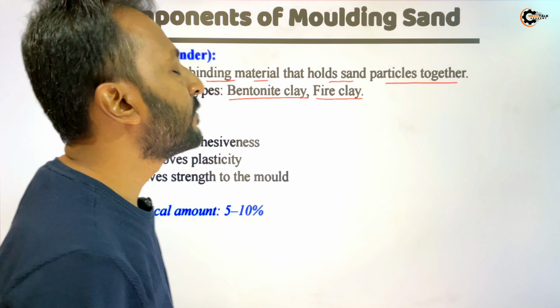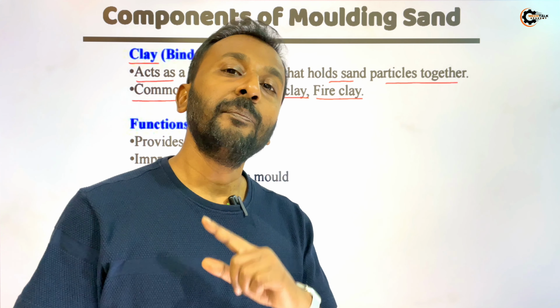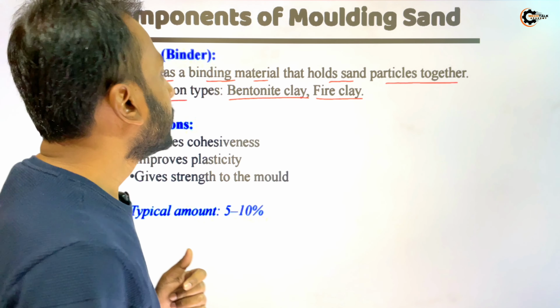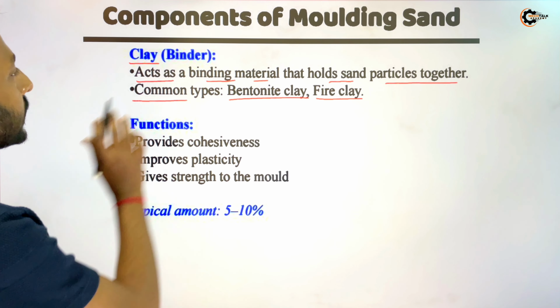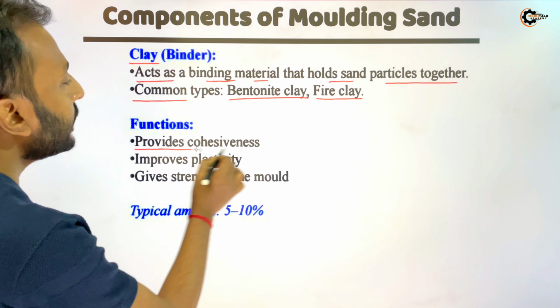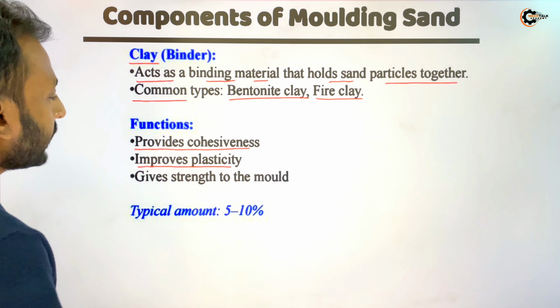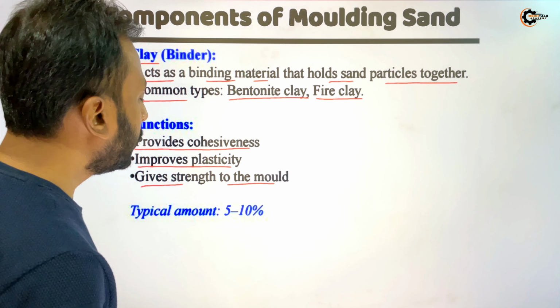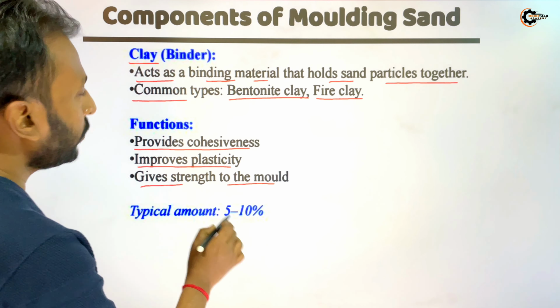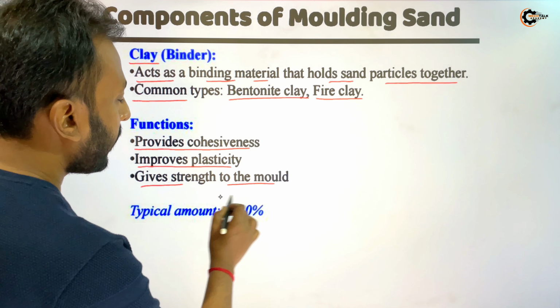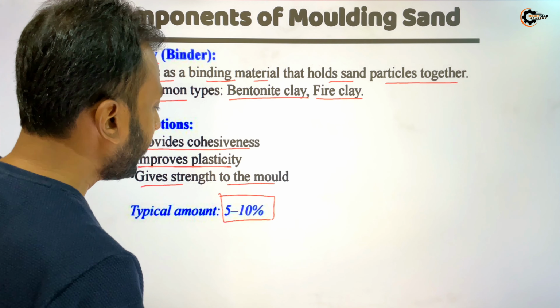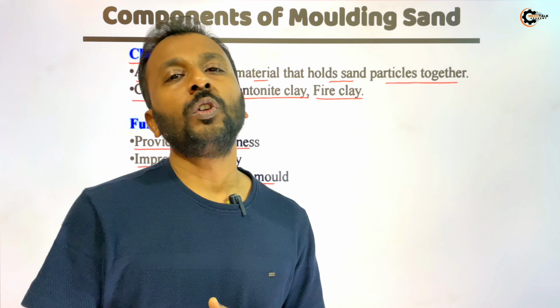These are mixed with the silica sand. The function of the clay is that it provides cohesiveness, improves the plasticity of the molding sand and gives strength to the mold. Typically the amount of clay is 5 to 10%. It depends on the type of molding sand.